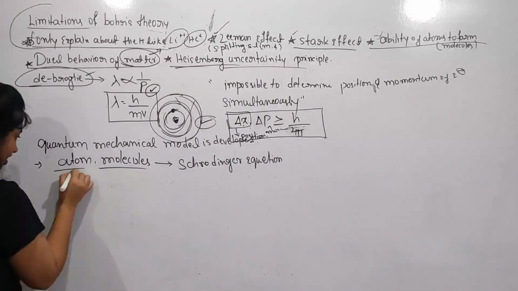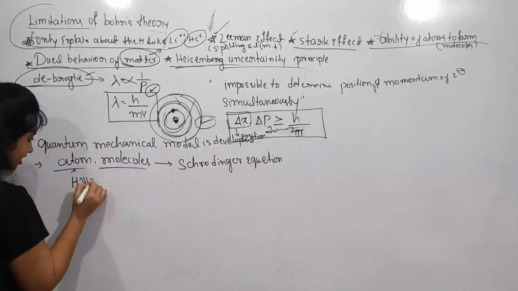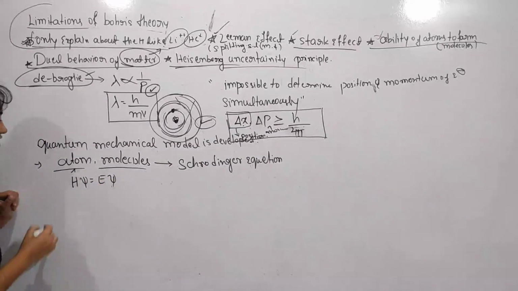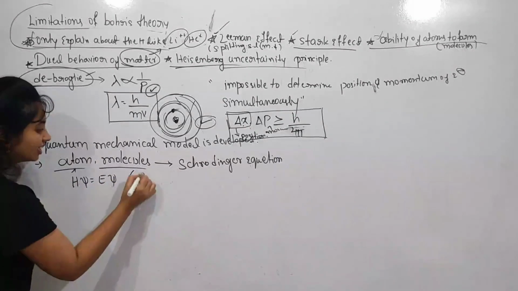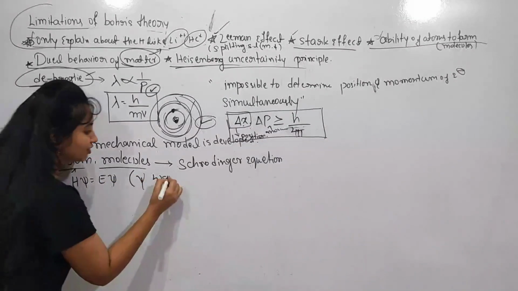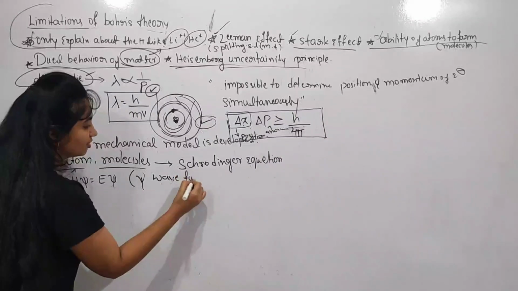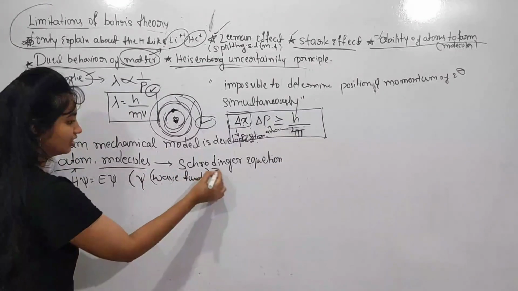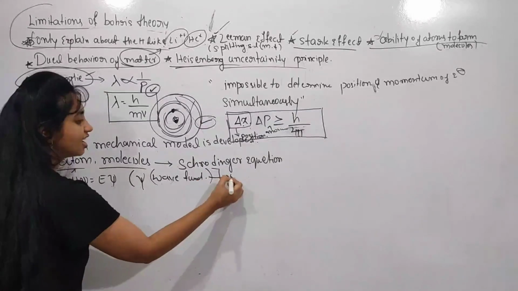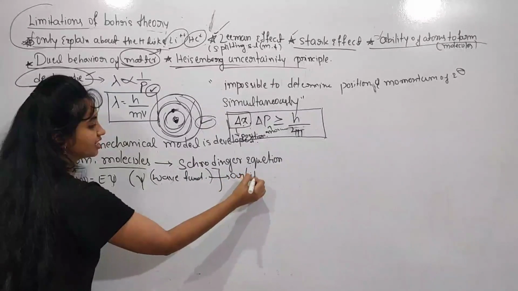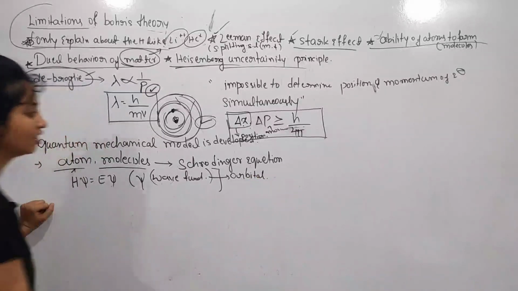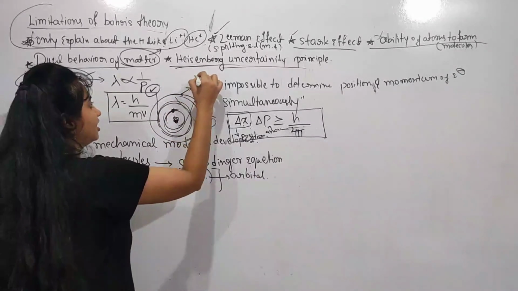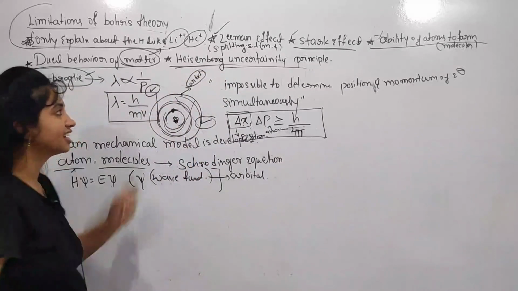That is Hψ = Eψ. So the ψ is a wave function, and this wave function represents the orbital. These are orbits: the definite circular path is called an orbit.